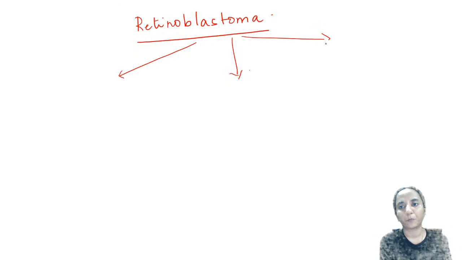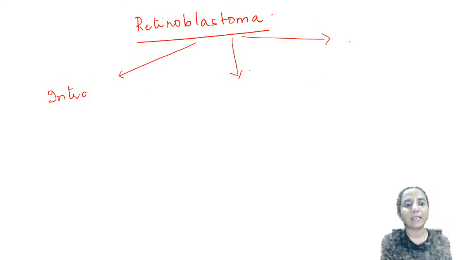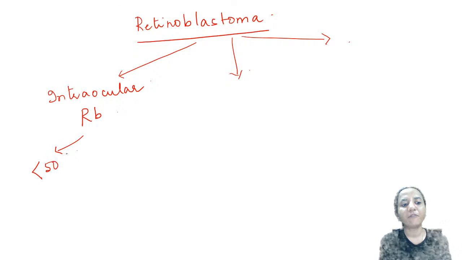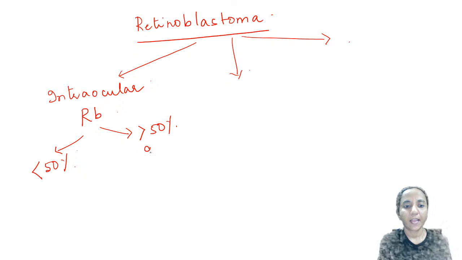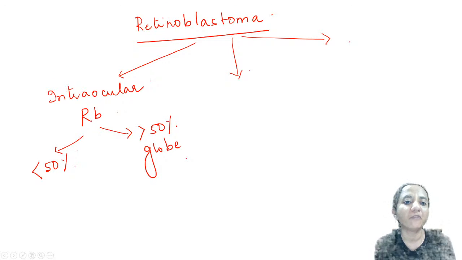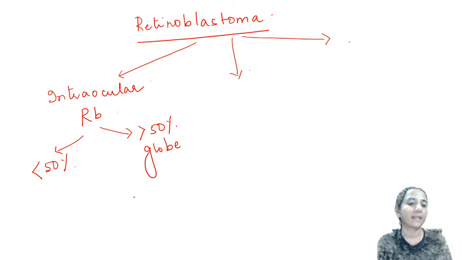Suppose they tell us that there is an intraocular retinoblastoma, but it is small, that is, less than 50% of the globe is being occupied. Then what is going to be your treatment option? And if they say that it's intraocular, but it is occupying more than 50% of the globe, then what will you mark as the answer?